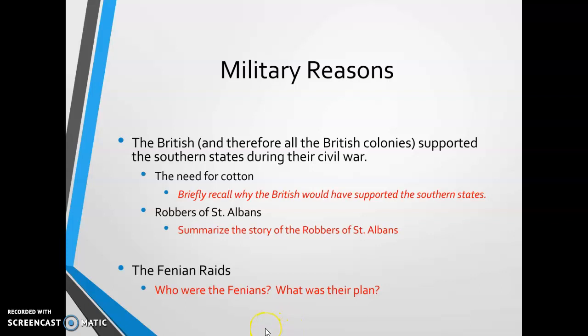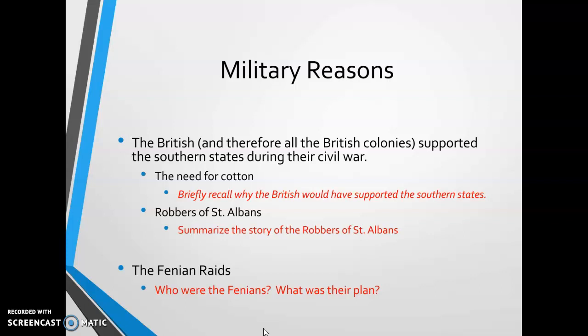These Fenians had the idea that they wanted to free Ireland from the clutches of Great Britain. And so what they were going to do is capture Canada, and then offer to swap it. So we'll give you back Canada if you free Ireland, was essentially the plan.